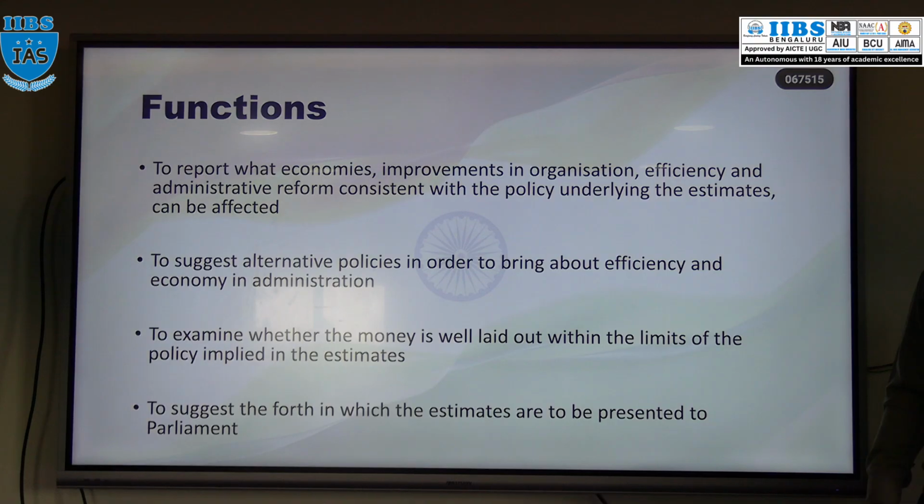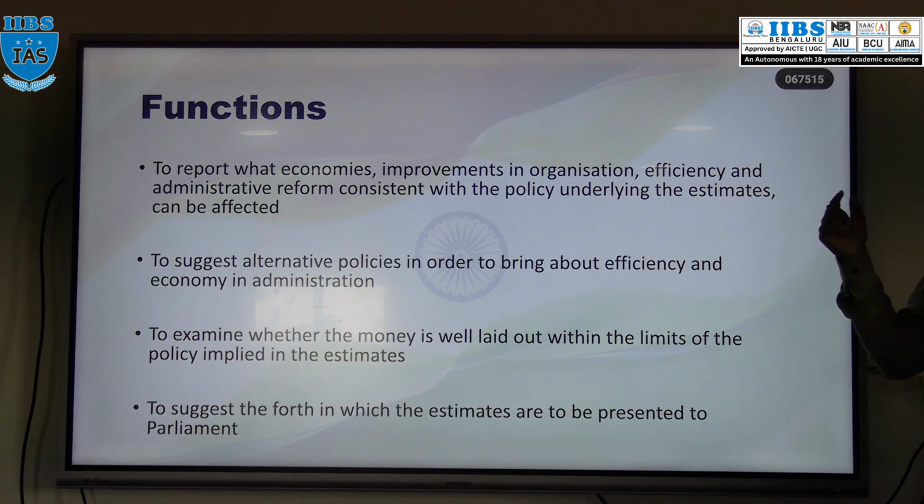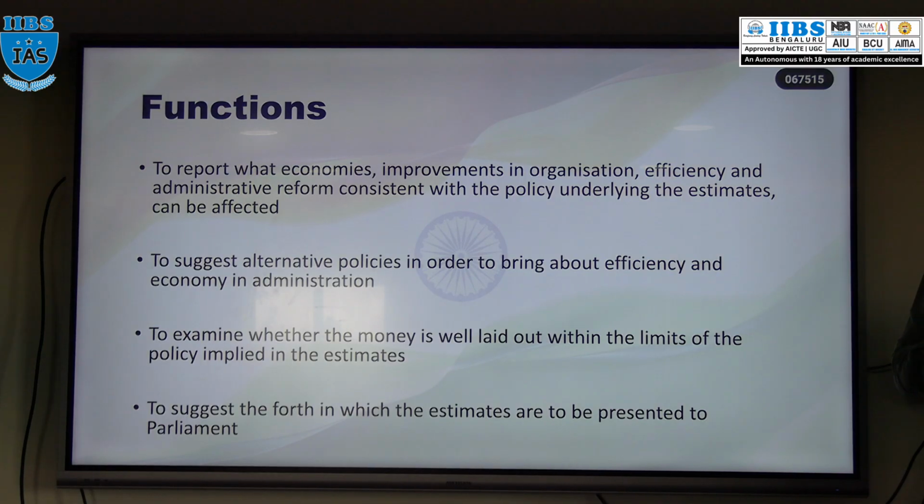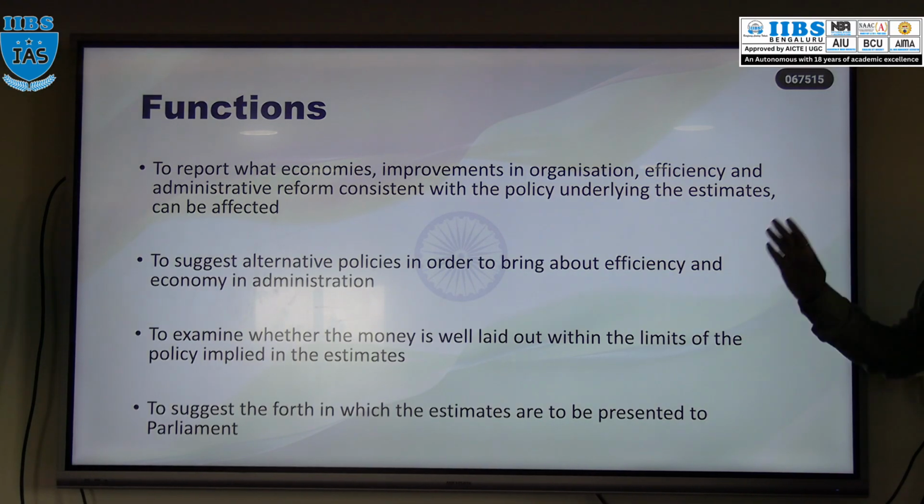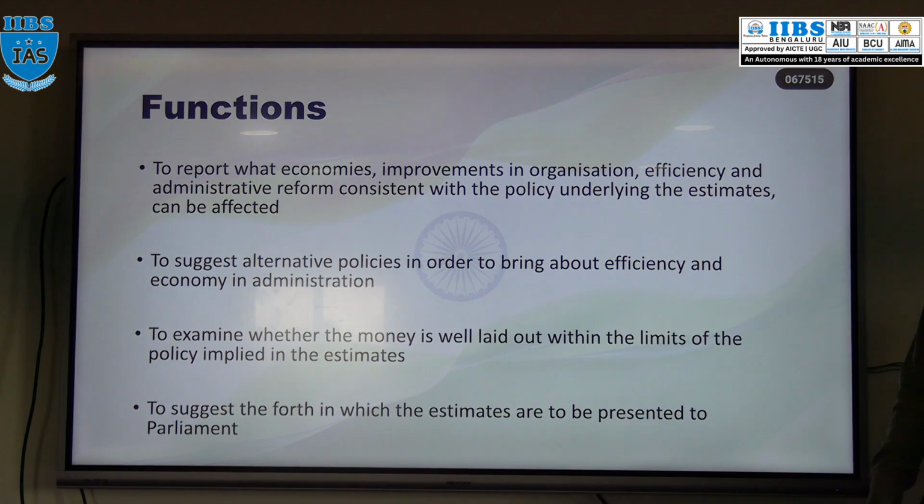In simple language, they give suggestions on estimations so that there is 100% accuracy for those estimations. For that, improvement is also required, right? Improvement in the department, administrative reforms, improvement in the organization, or improvement in the economy as a whole will also be suggested by this Estimate Committee.